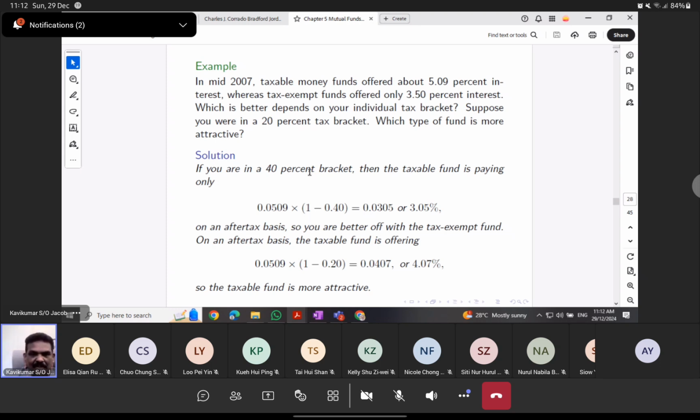If you are in the 40% bracket, then the taxable fund is paying only, and this is the percentage earning, right? 0.01 minus 0.40 means what? The interest you are earning is reduced after the tax of 0.4.